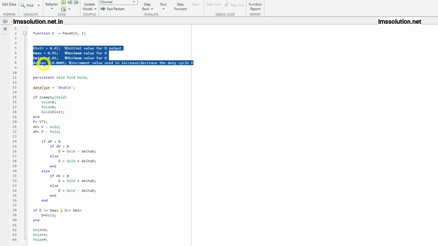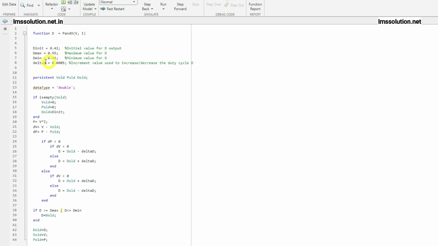Based upon the conditions, already I told, right, we need to increment or decrement the duty cycle. How much amount of duty cycle we are going to increment or decrement is known as delta d. Next you have to fix the initial parameters like V old, P old, and D old. This is nothing but the previous instant voltage, power, and duty cycle.